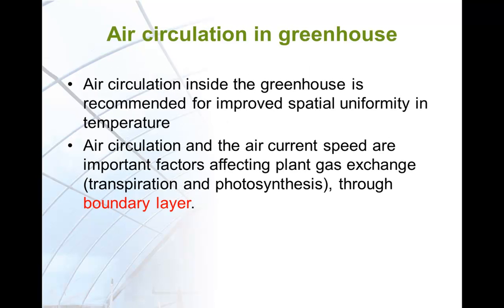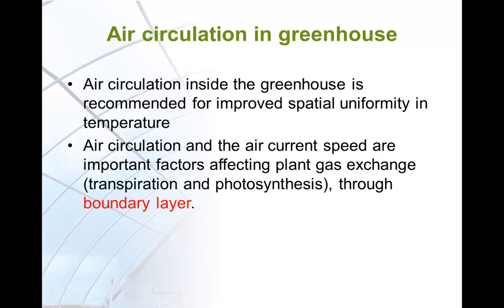So air circulation inside the greenhouse is recommended for improved spatial uniformity in temperature. Particularly, air circulation is done using horizontal airflow fans during the time we are heating the greenhouse.